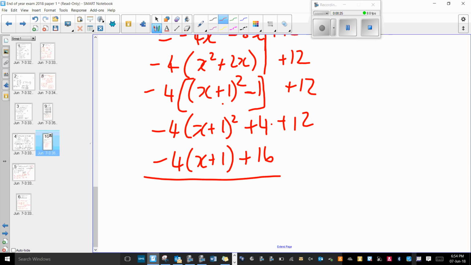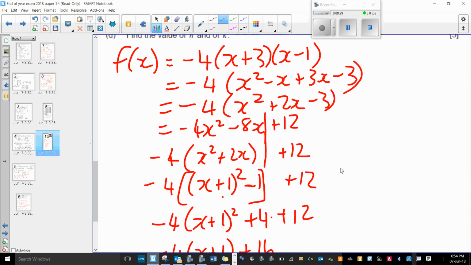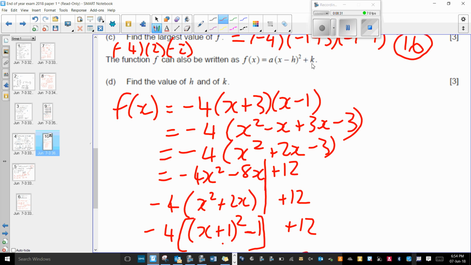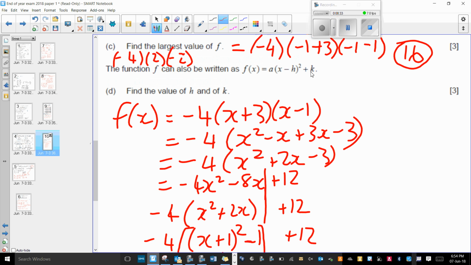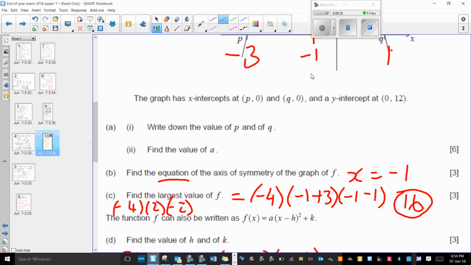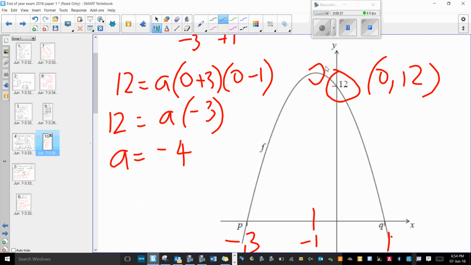But the much faster way is, we know that this value h and k represent the coordinates of the vertex, which we know are at -1, 16.